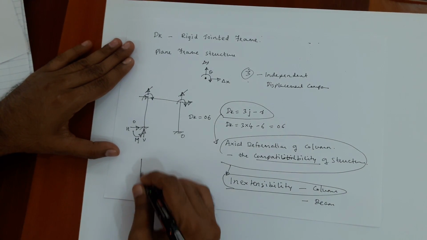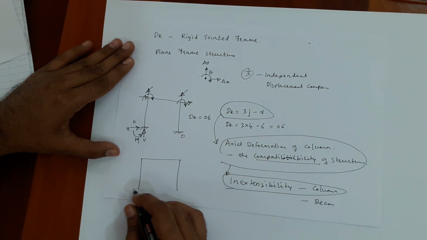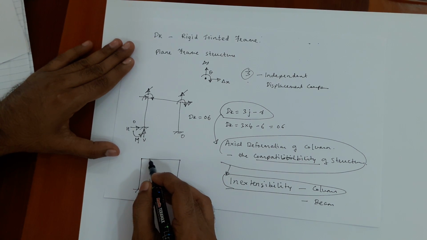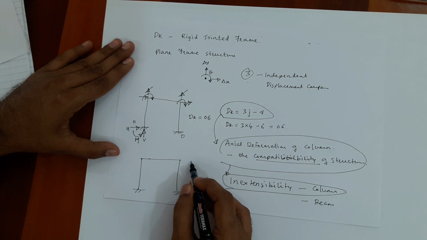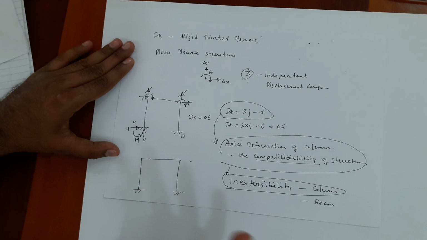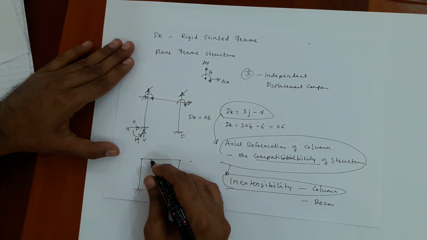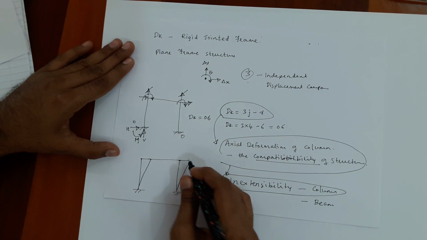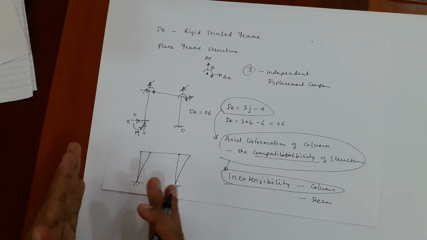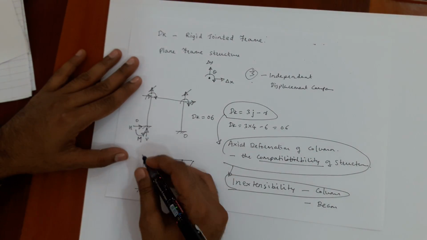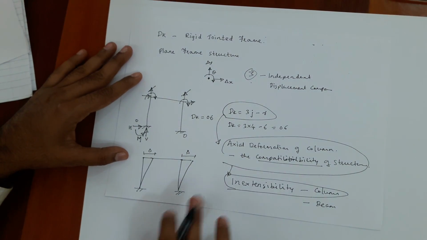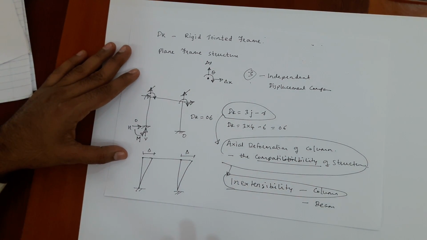If I draw once again, the horizontal deformation of this joint and the horizontal deformation of this joint should be the same. If the structure is deforming, it should deform together. So this delta and this delta should be the same in order to have the compatibility of the structure.